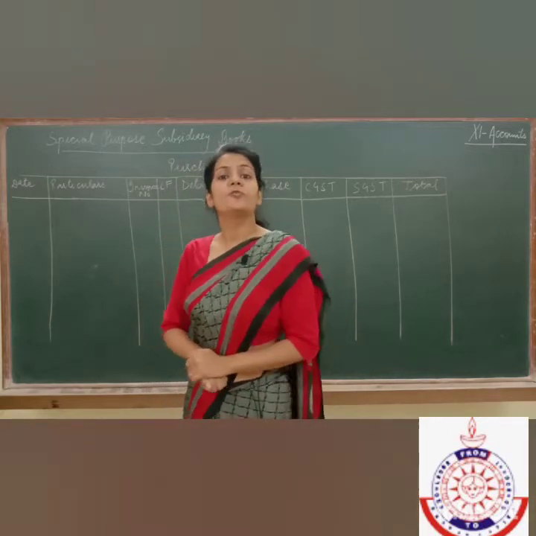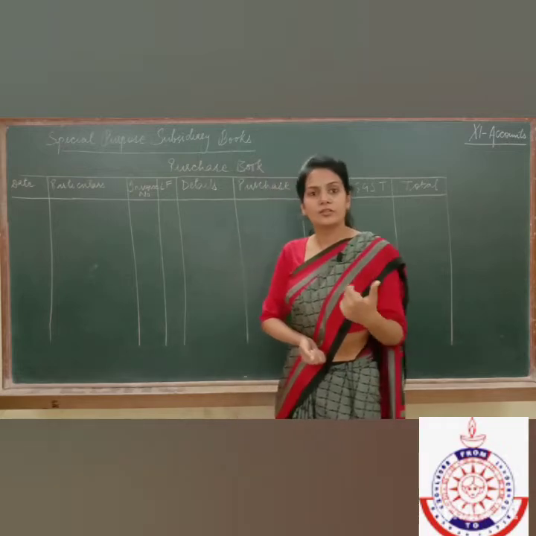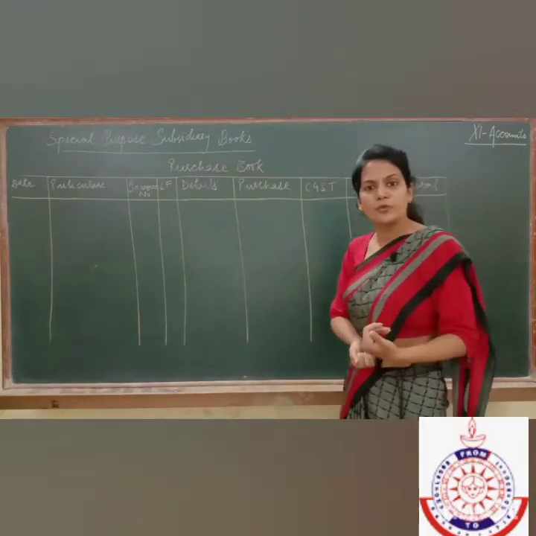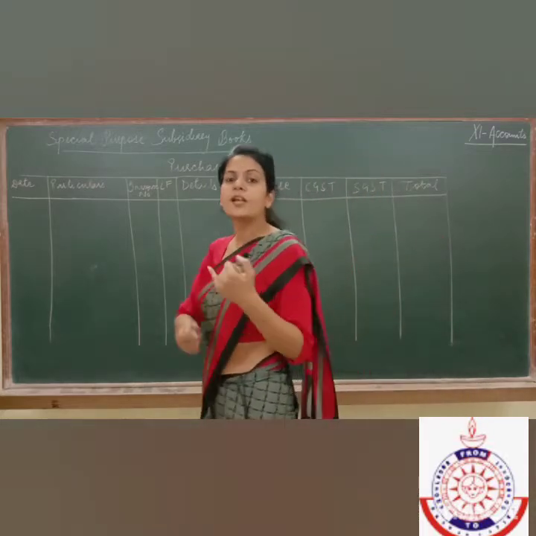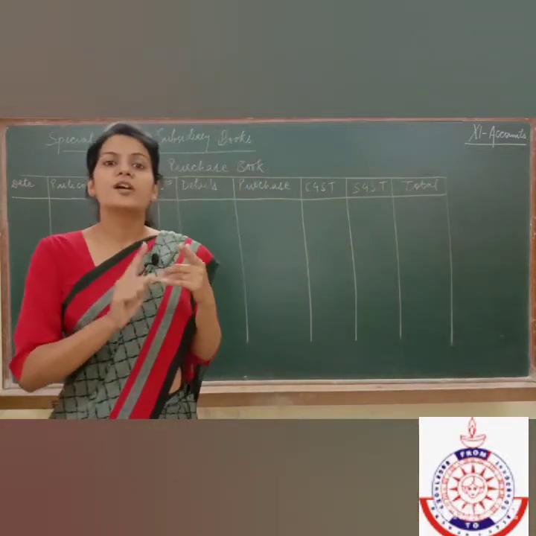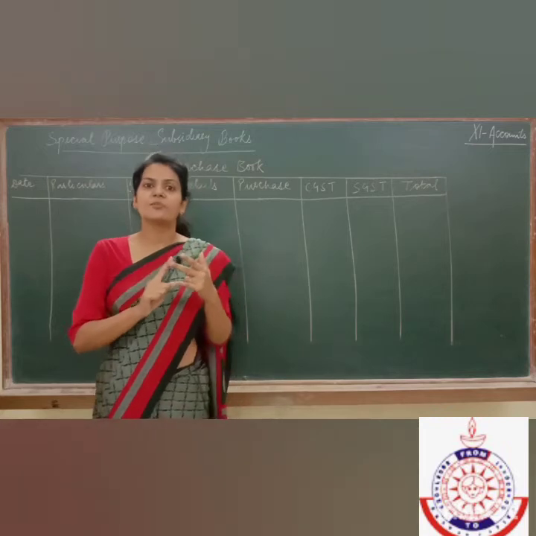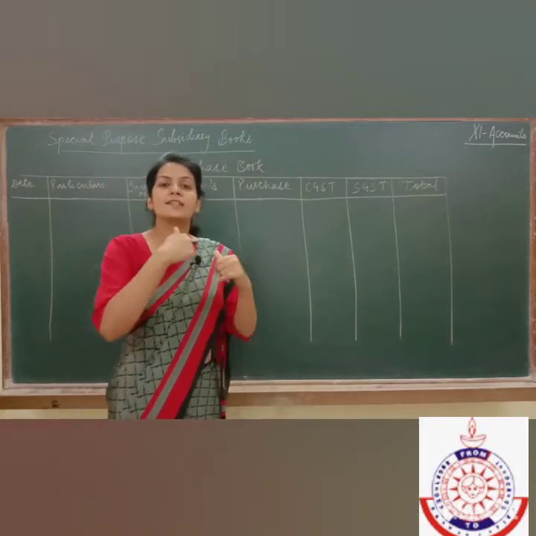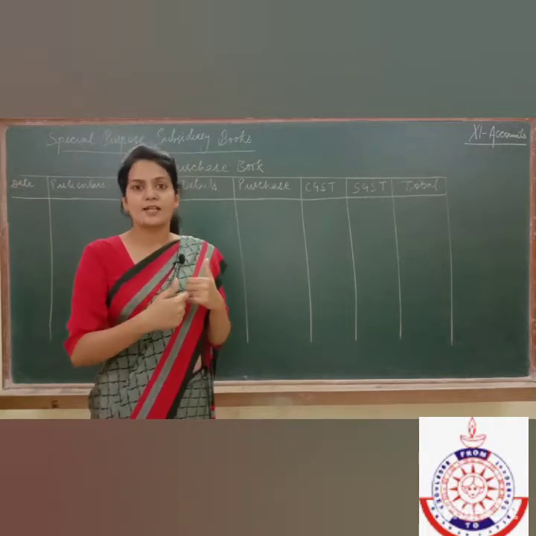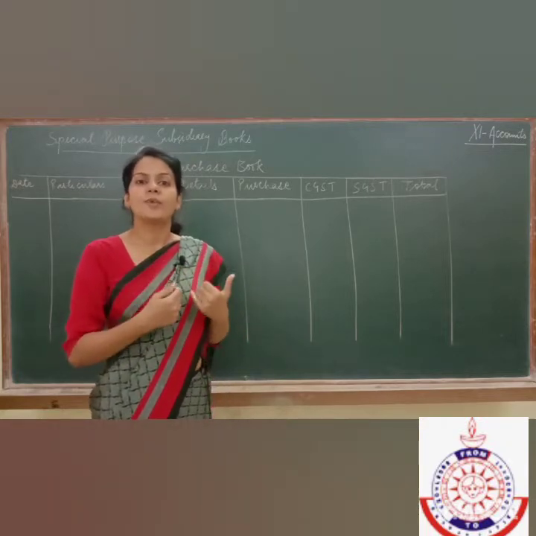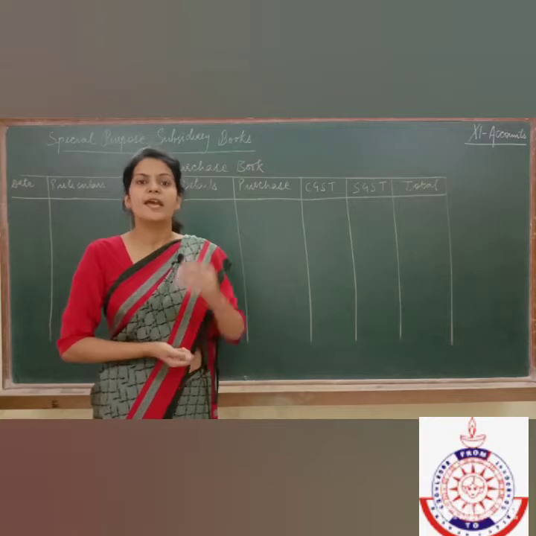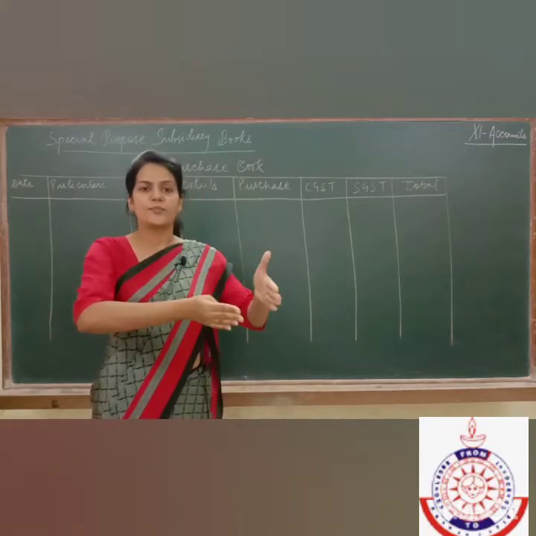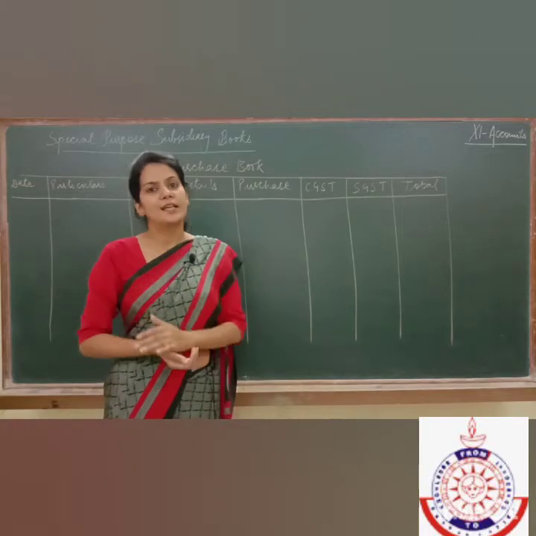So I told you that that time we divided journal into some subsidiary books, into some helping books, if you remember. Those books were purchase book, sales book, purchase return book, sale return book, journal proper. And I told you that time itself that sooner I'll be telling you how to make these subsidiary books and how to post the transactions from these subsidiary books into various ledger accounts.